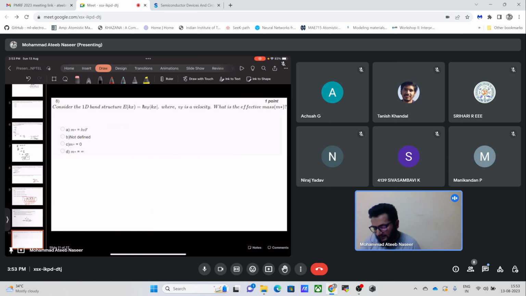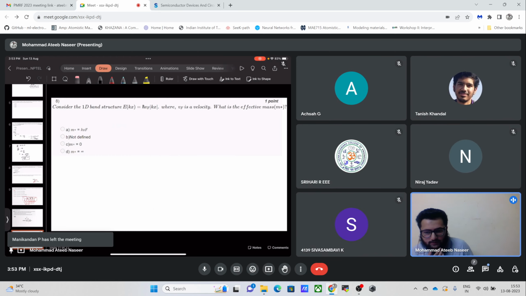This kx is the reciprocal space lattice vector. Now, this says that we have to find the effective mass. If we are going to find the effective mass for this material, it is known to us that we should be having the second derivative.